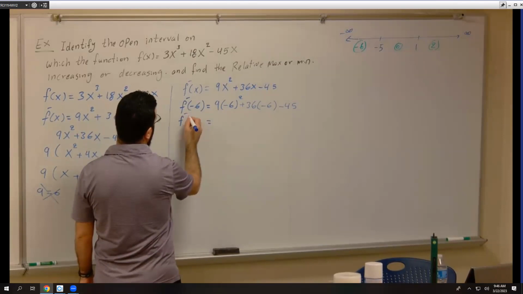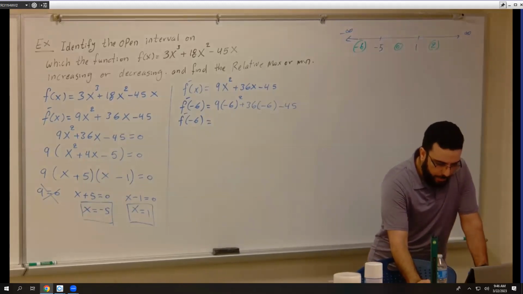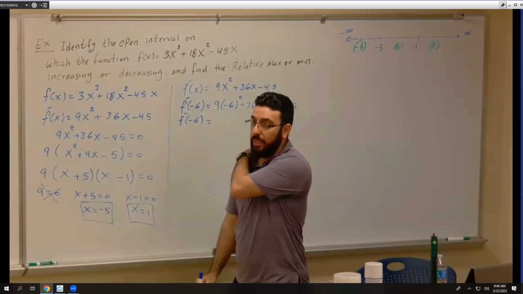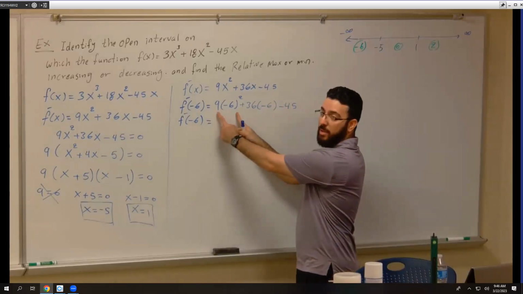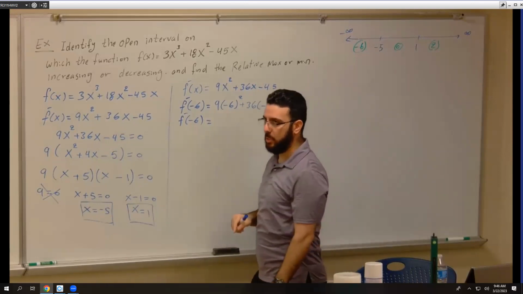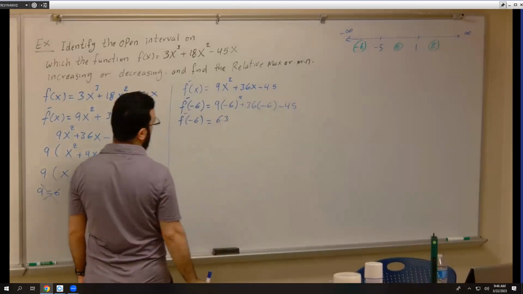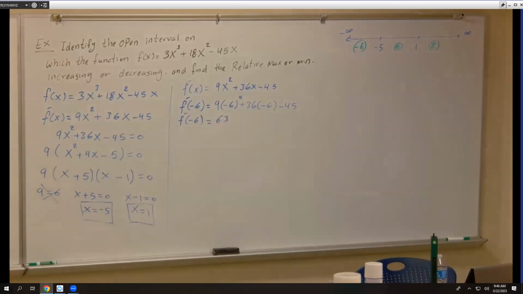Times the -6 is going to be equal to 216. Minus 72 minus 45 is going to be 63. Yes, I'll check it. Good.